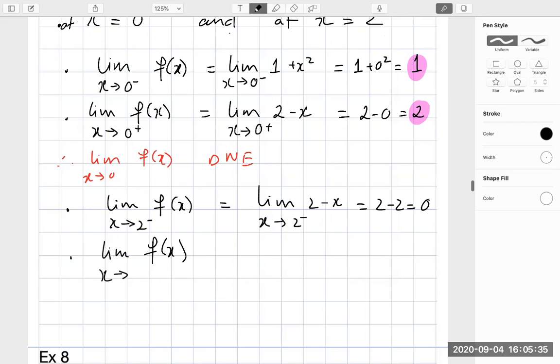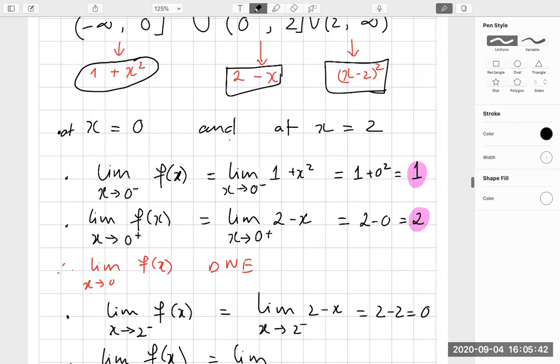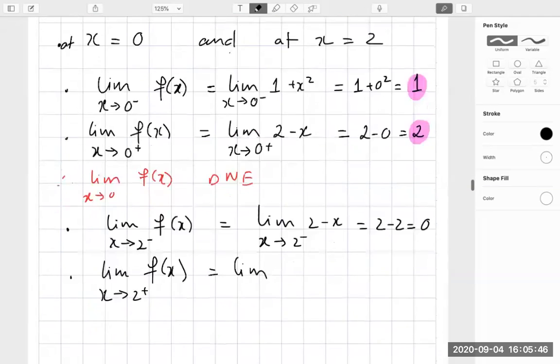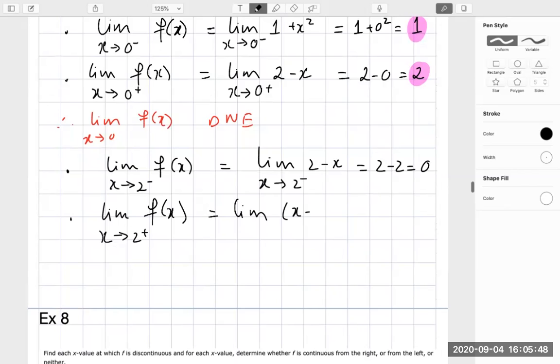Similar things when x approaches 2 from the right, it should follow the third range, x minus 2 squared. Again, this is a polynomial of degree 2. It is continuous on its domain. Therefore, it is continuous at x is equal to 2.